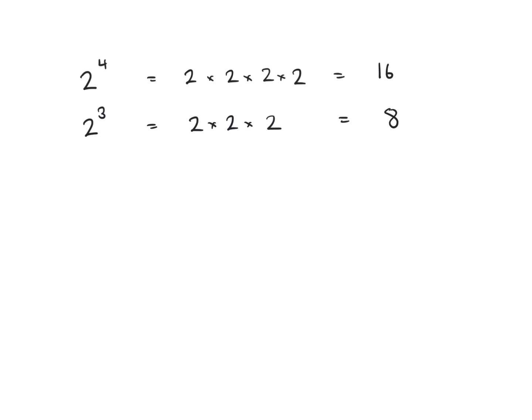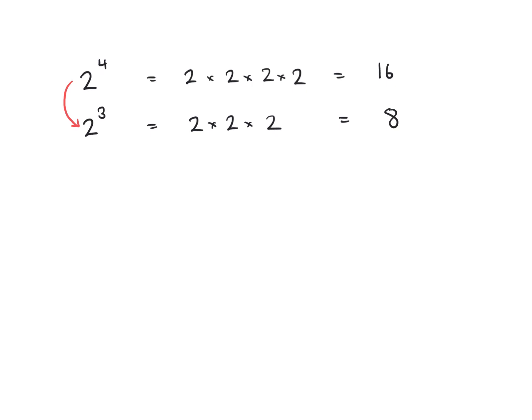So the question I want to ask is, what's a way of thinking how to get from 2 to the exponent of 4 to 2 to the exponent of 3? By that I mean, what operation do you have to do to get from one number to the other? What can I add, subtract, multiply, or divide by to get from 2 to the exponent 4 down to 2 to the exponent 3?